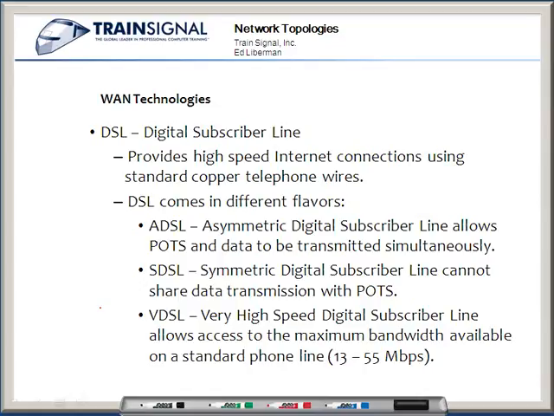Now, the last one we have here is something called VDSL. I love it. They put a V in there for very high speed DSL, basically.